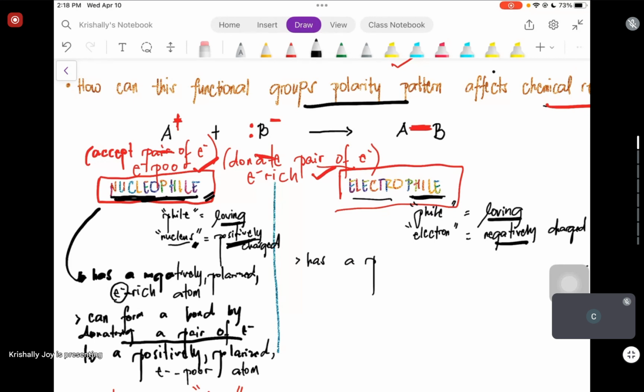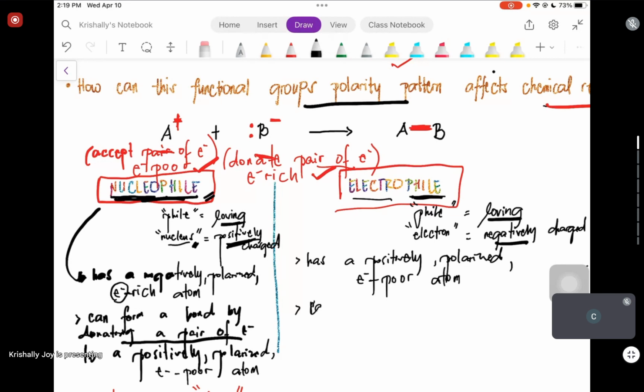It has a positively polarized, electron-poor atom. So it's the exact opposite of the definition on the left side. And how can it form a bond?